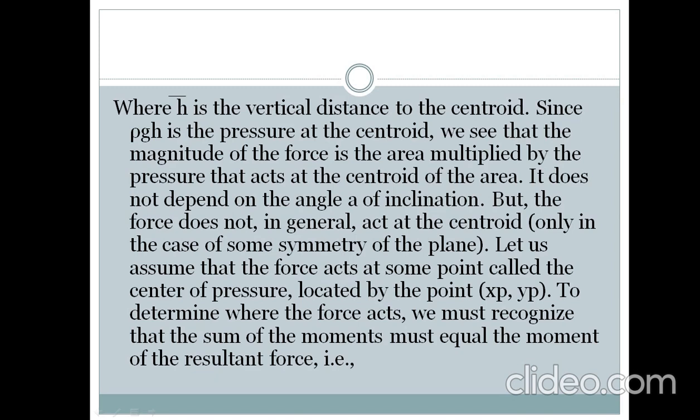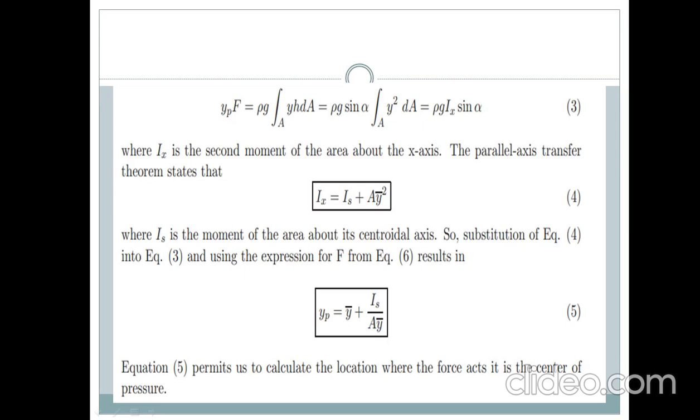Let us assume the force acts at some point, which is called the center of pressure, located at xp and yp. To determine where the force is acting, we must recognize that the sum of moments must be equal to the moment of the resultant force, where yp is the vertical distance of the center of pressure from the free surface.